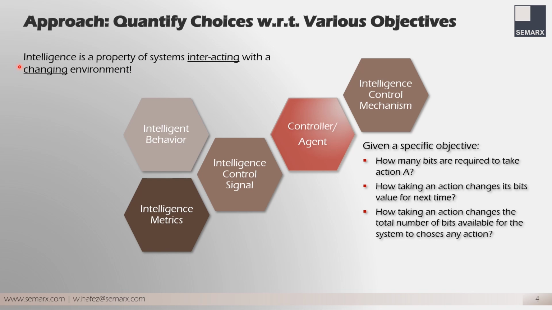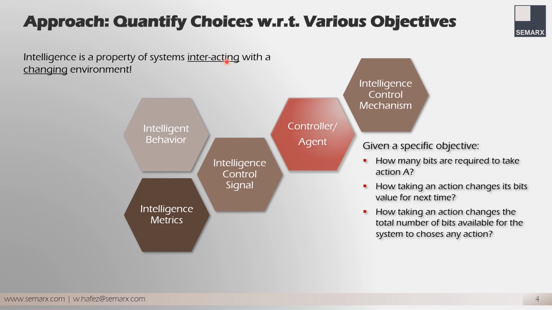Intelligence in a system is only apparent when the system interacts with its environment or other systems, and if the environment it interacts with is changing. There are other conditions, but for our purpose here, I think these are the most relevant. A system that sits and does not interact with its environment is very difficult to judge, is it intelligent or not.